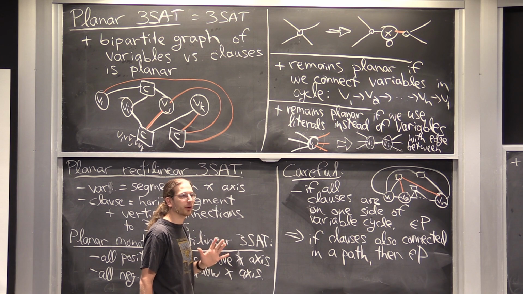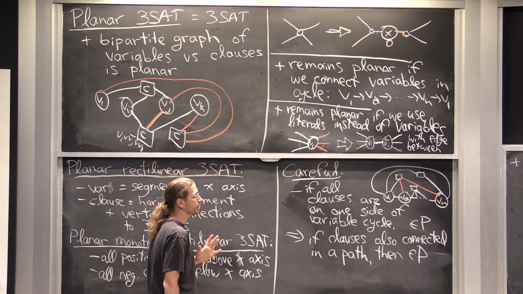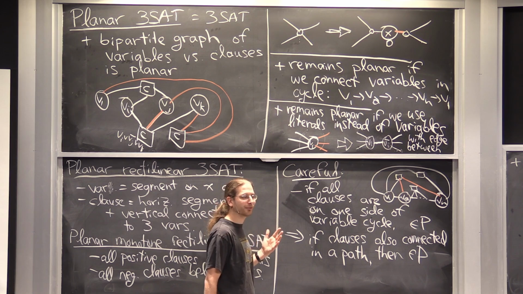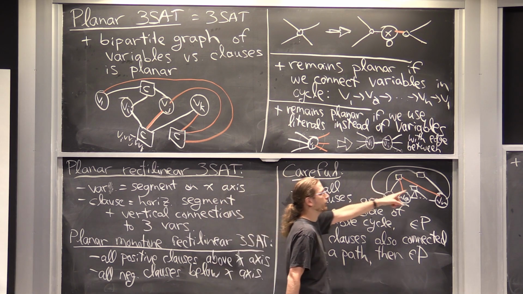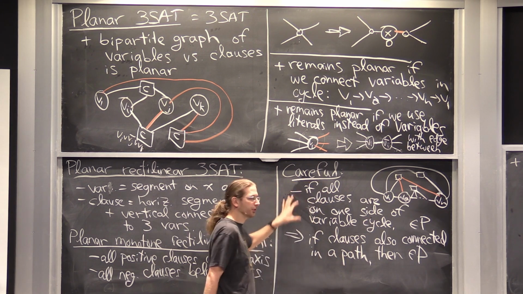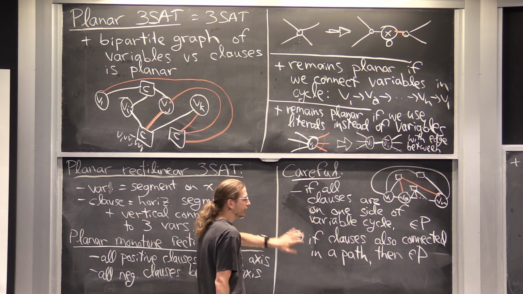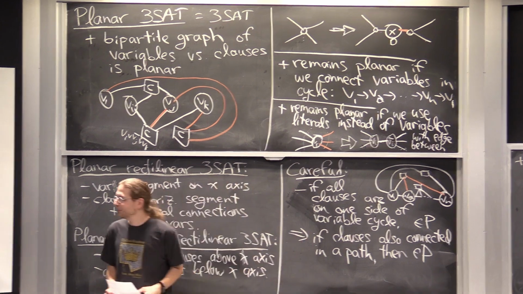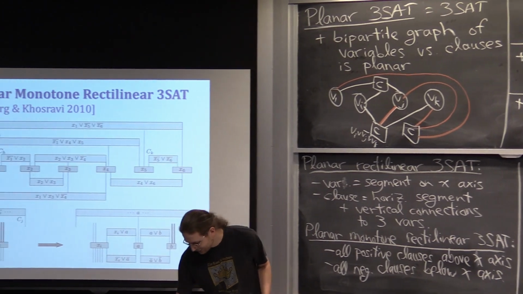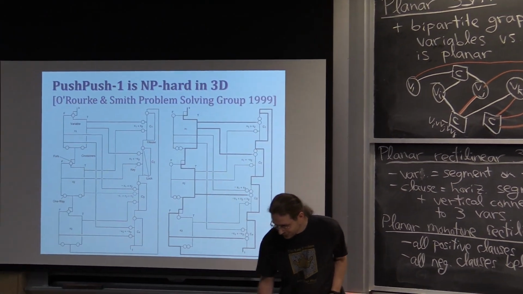I want that whole graph to be planar. If you think about that for a second, that would imply all the clauses are on one side of the variable cycle, and so we're in this case, which is easy. So this is a special case of that case. Now, I mention this one because if this were hard, life would be so easy. It's not, so life isn't easy.